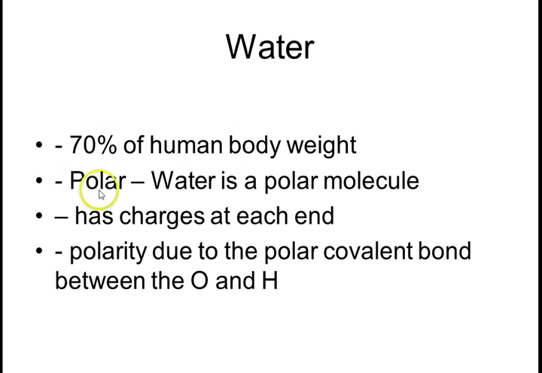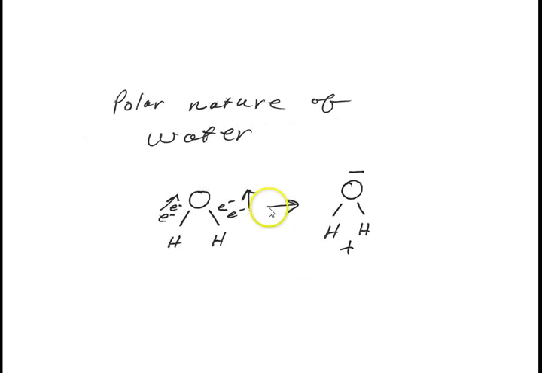We talked about how water is a polar molecule, meaning that it has electrical charges at either end, and this polarity is due to that oxygen to hydrogen covalent bond, having a polar covalent bond in there. Look at this hydrogen to oxygen covalent bond.